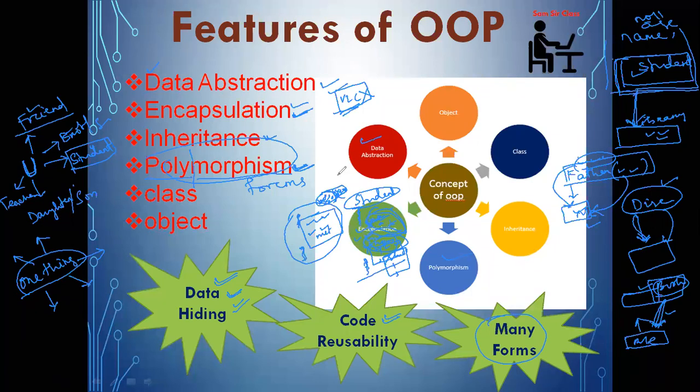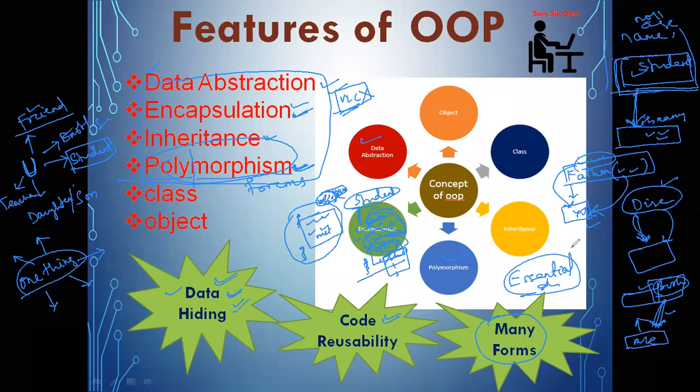Multiple features like data abstraction, encapsulation, inheritance, polymorphism, whenever any language supports all these properties, it is called an object oriented programming language. Just in brief, data abstraction means you are achieving data hiding, that means the essential details are hidden from the outside world.